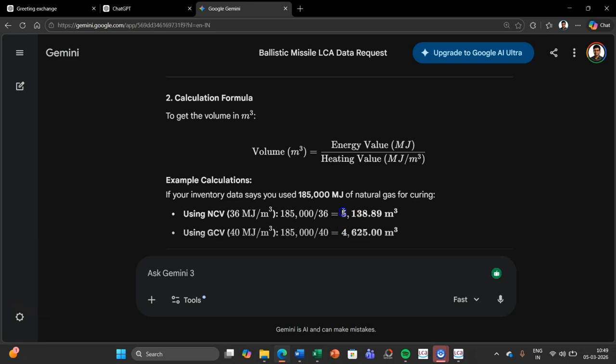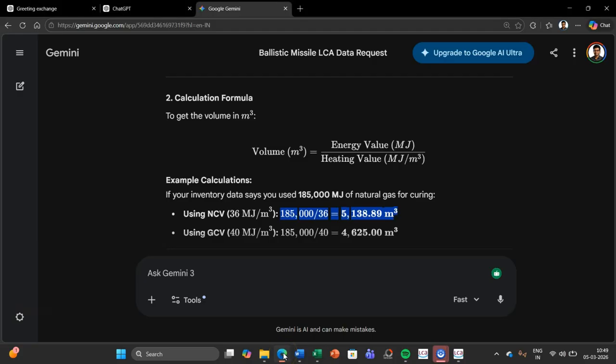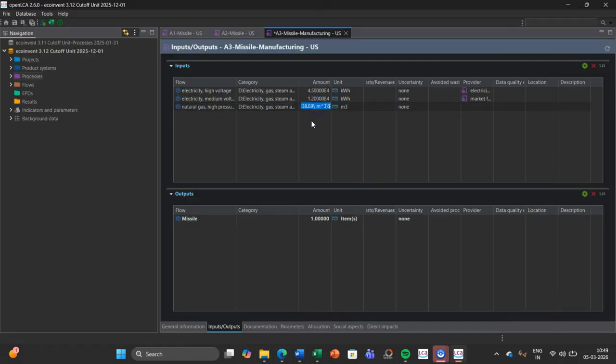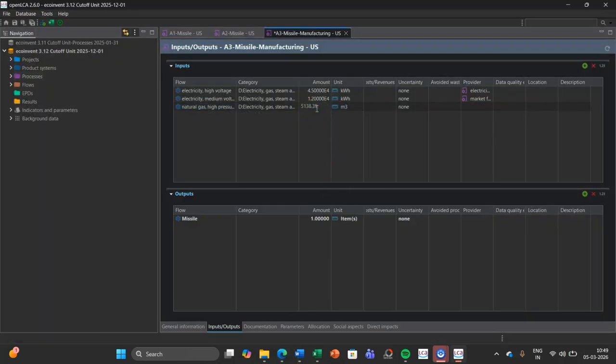So we have the final number 5138.89, as meter cube. Okay, I think it is not getting copied. 5138.89.